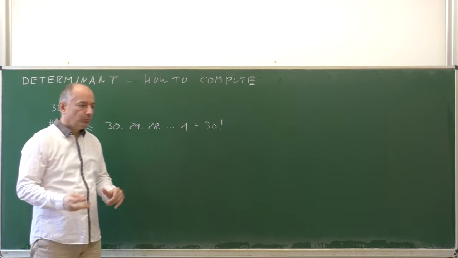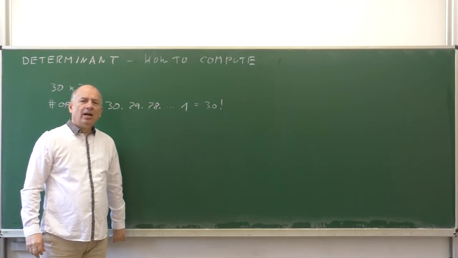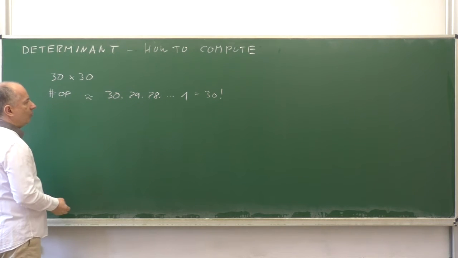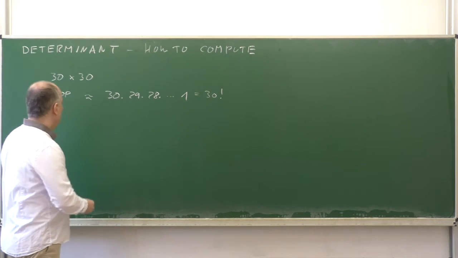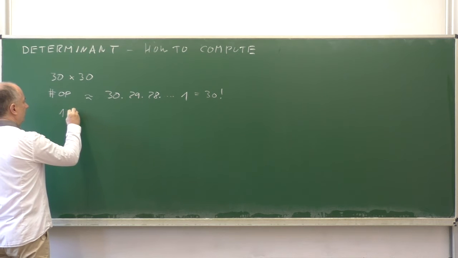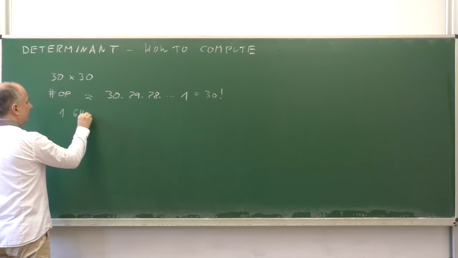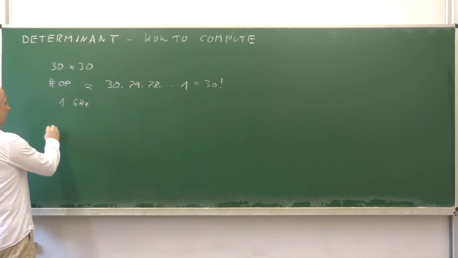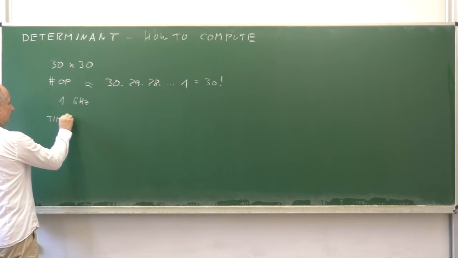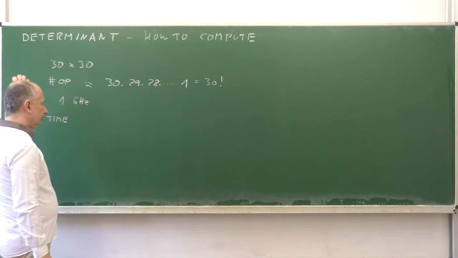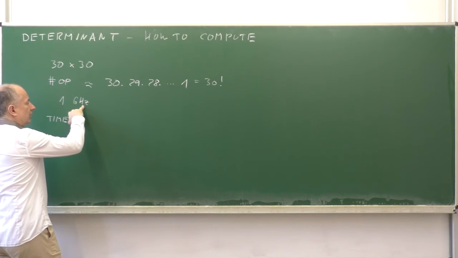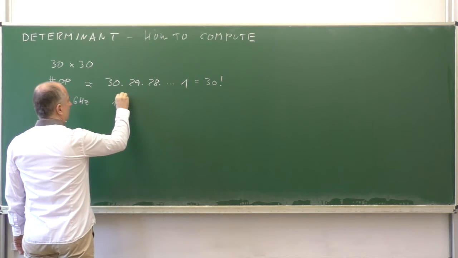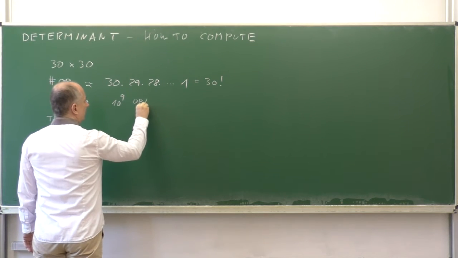Well, what could be the time to compute this? Considering today's typical computer with the clock speed, say 1 gigahertz, such a computer may perform approximately 10 to the power of 9 operations per second.